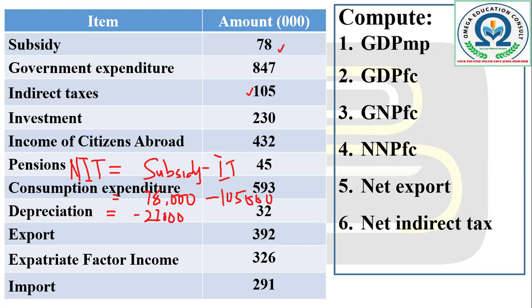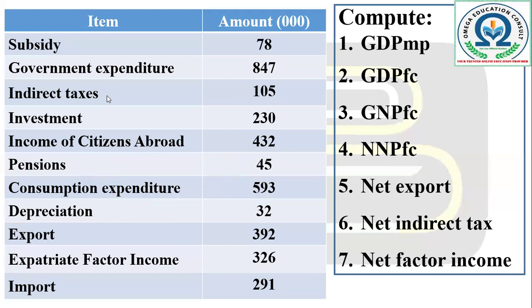Now, the next question is that compute the net property income from abroad, or net factor income. Net factor income is also found in the formula for gross national product, okay? And the formula for net factor income, so we write our net factor income. I'm going to use abbreviation. You have to write in full.